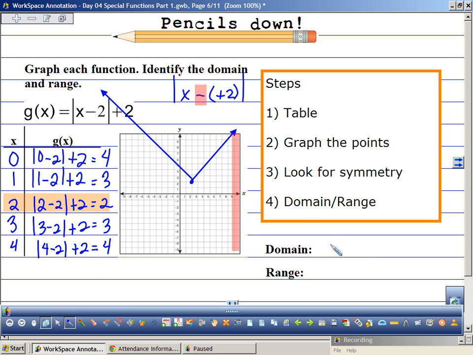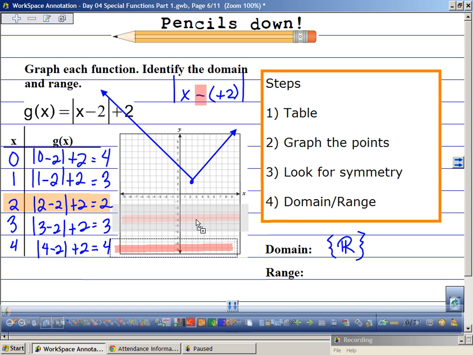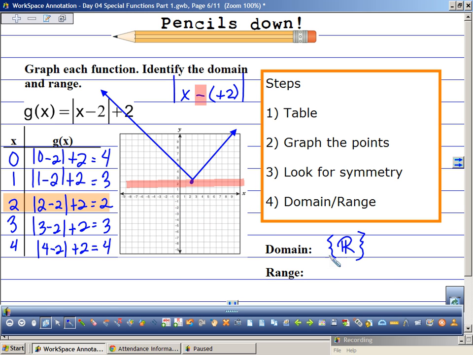Never. So what's our domain? All real numbers. Let's switch it over to a range shade. When's it going to start intersecting my range shade? At 2. So y has to be greater than or equal to 2. We're talking about y, put the curtains on.